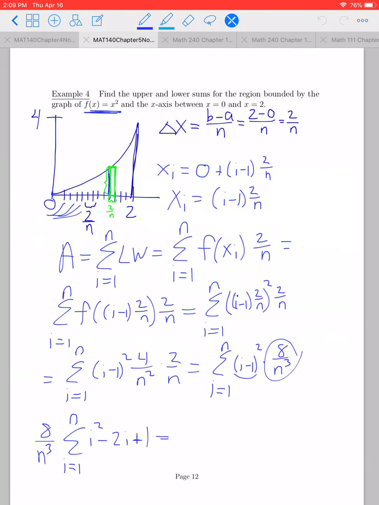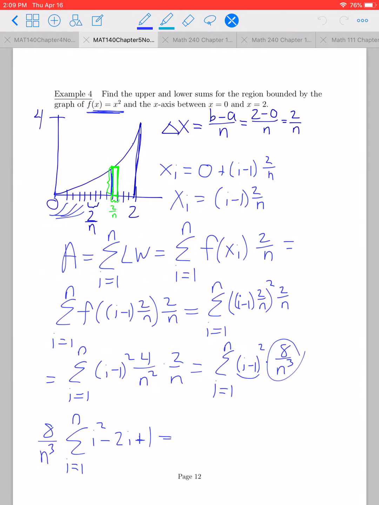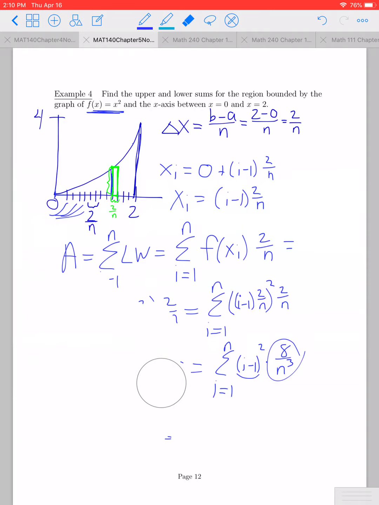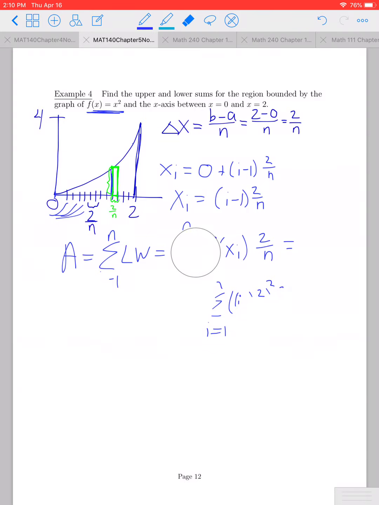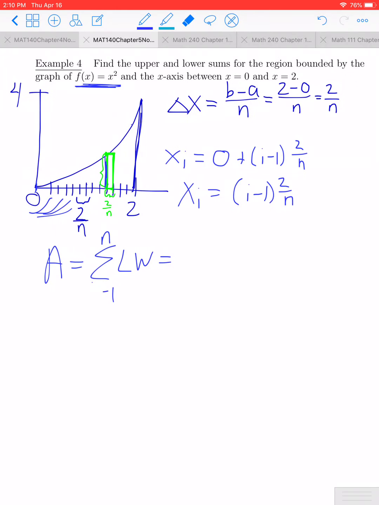If we go back, we could do this for the upper sum as well. I'm not going to work through all of this, but let's at least get the setup part of it down. If we wanted to do the upper sum this time, the only thing that's going to change is our xi values.